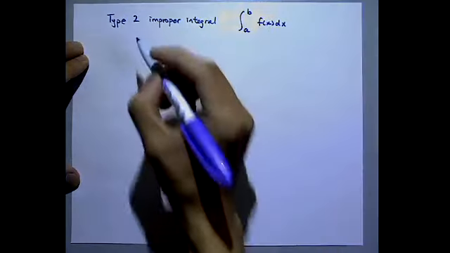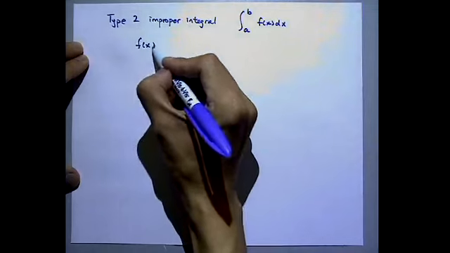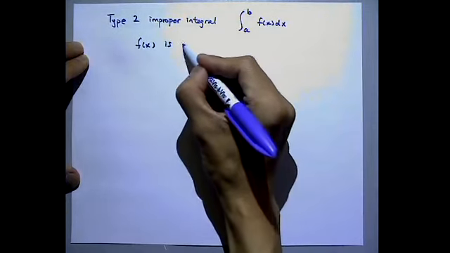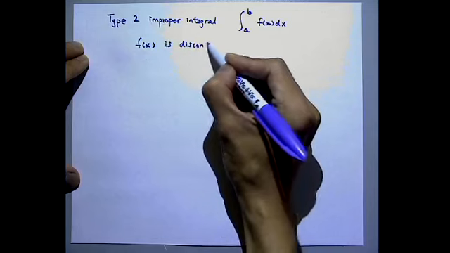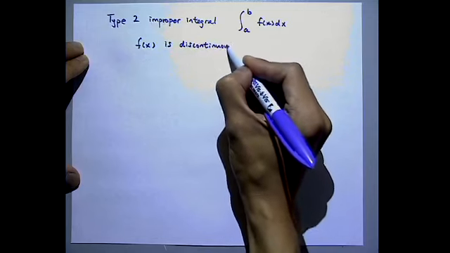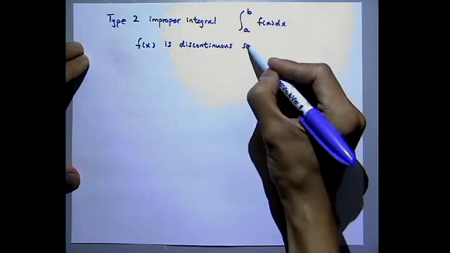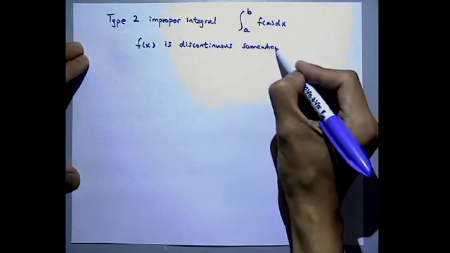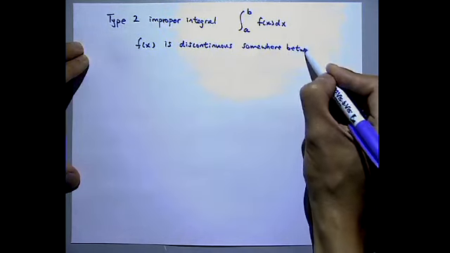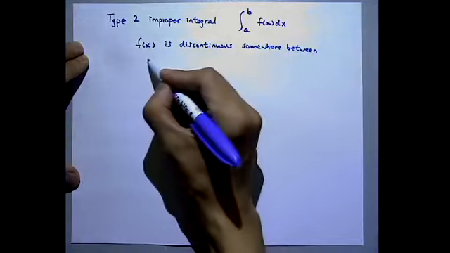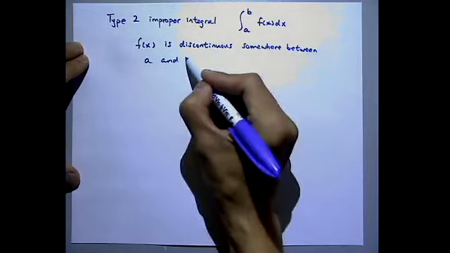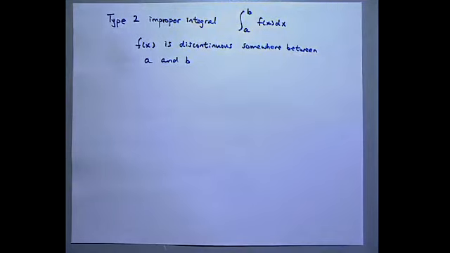Type 2 is when f of x, the function you're integrating, is discontinuous somewhere between a and b. It may happen more than once, but if it happens at least once, then we have what's called a type 2 improper integral.